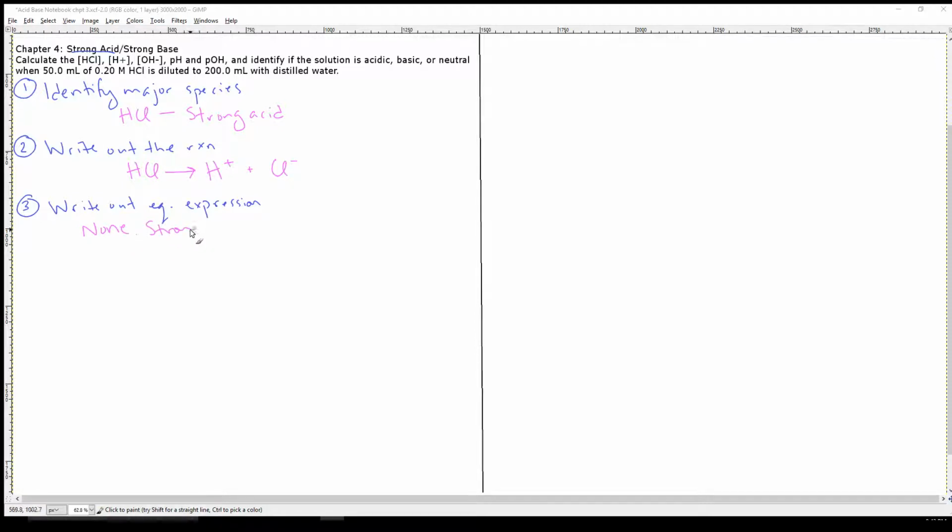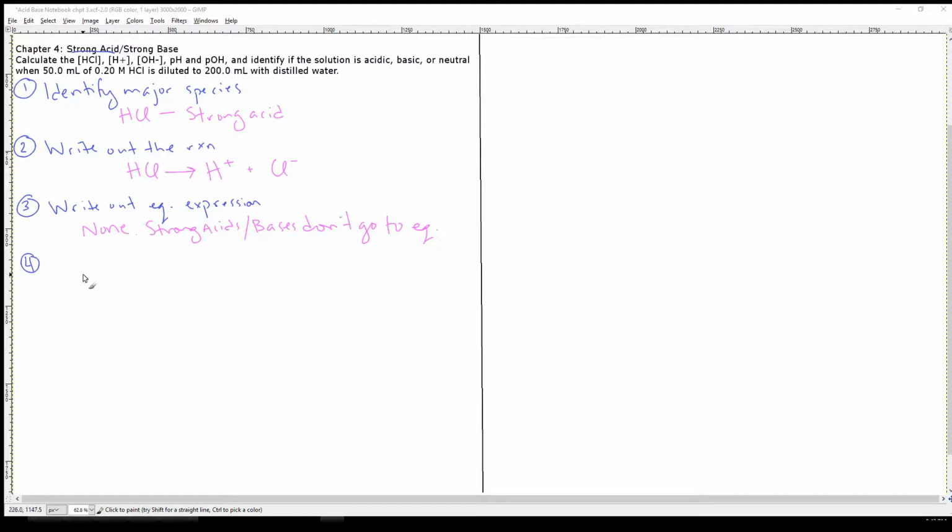Strong acids and bases don't go to equilibrium. They completely dissociate. So instead, what we're going to do is a dilution.